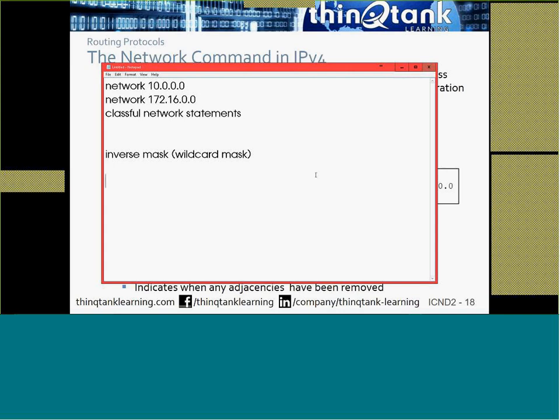Okay? So if I said, for example, network 10.10.0.0 0.0.255.255, right? What do you think would happen? What interfaces would be running EIGRP?